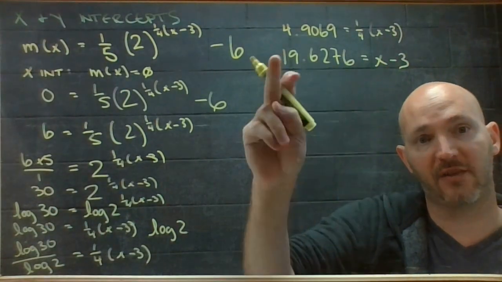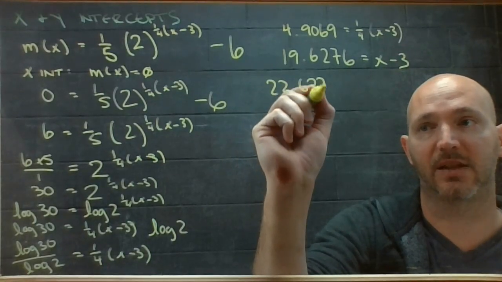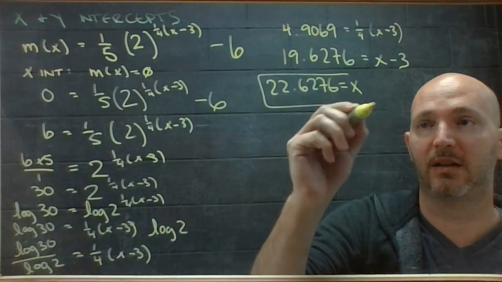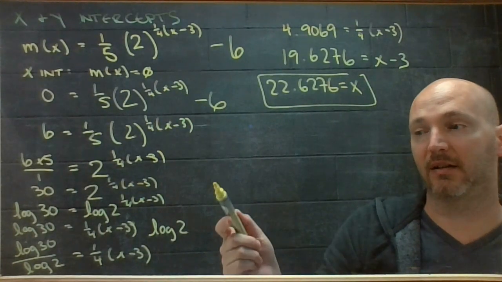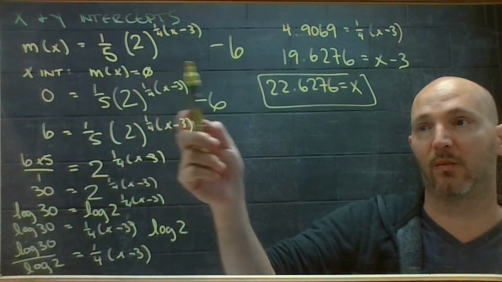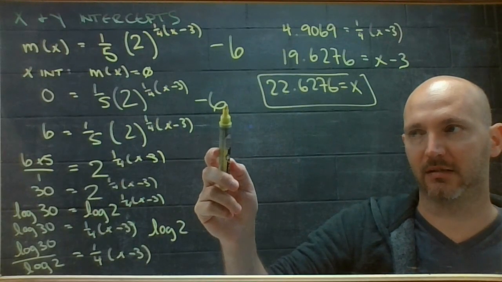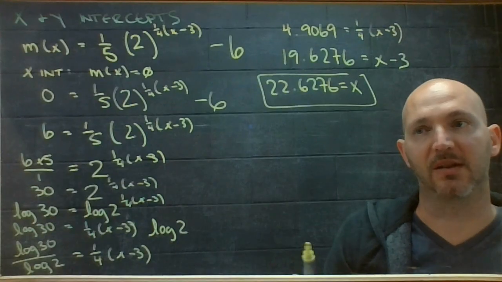And I finish off by adding 3 to the other side. 22.6276 equals x. So this particular exponential is going to hit the x-axis. Yes, it's going to hit the x-axis when x is 22.6276.